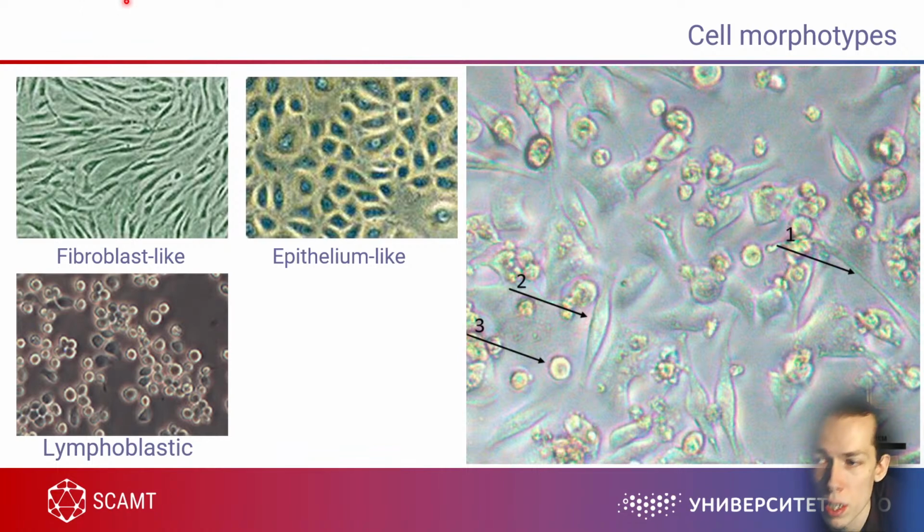Here you can see a normal-looking spindle-like cell, called spindle-like because it's like a spindle. And this cell looks like a round cell, and probably this cell is dead because it lost its connection to the substrate and is just floating in the culture media.